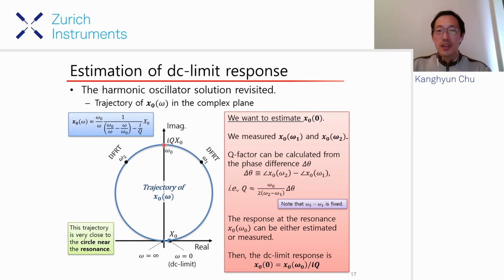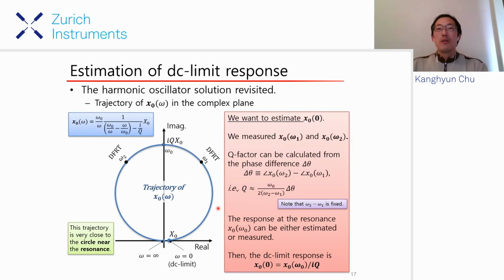This will give us the DC limit response from the relation that the DC limit is the resonance response divided by the Q factor, with a phase shift of 90 degrees. Here, the Q factor is also calculated from the phase difference between frequency 1 and 2, as in this formula. And since we know the frequency difference between the two sidebands, we can now do all the job.